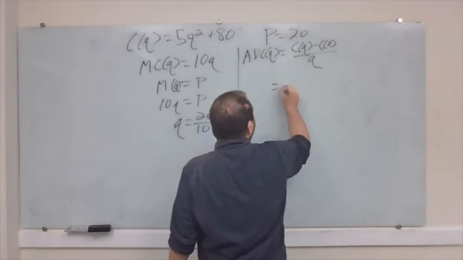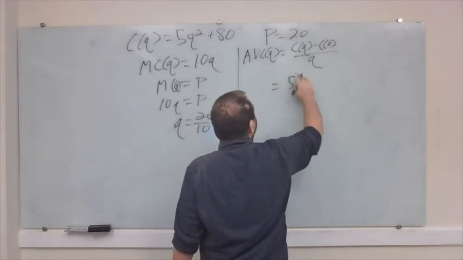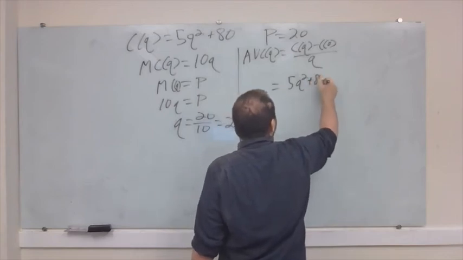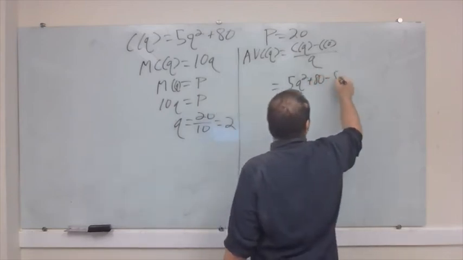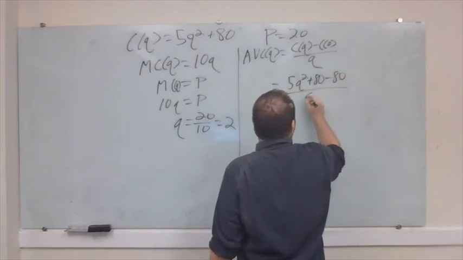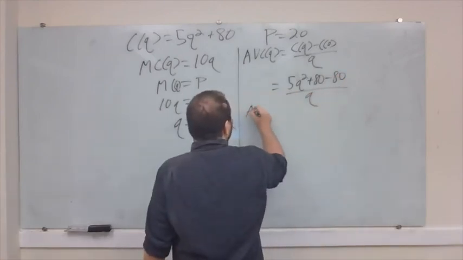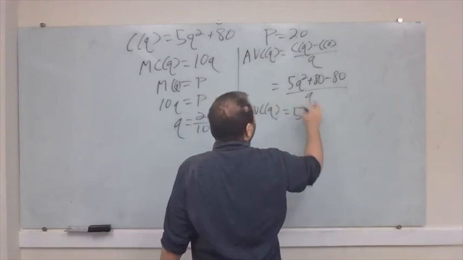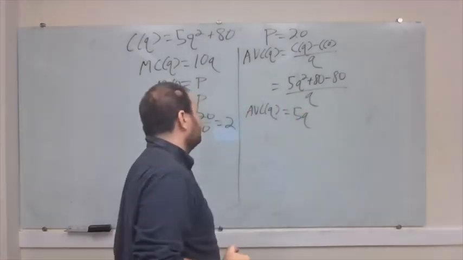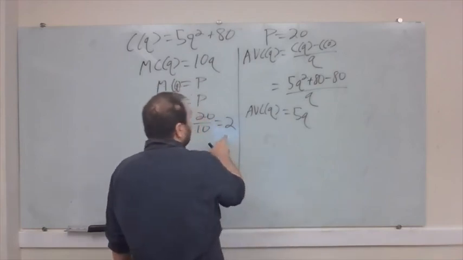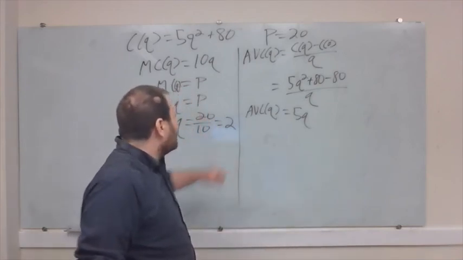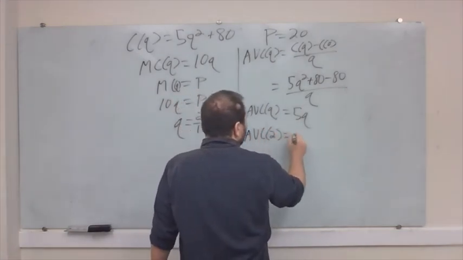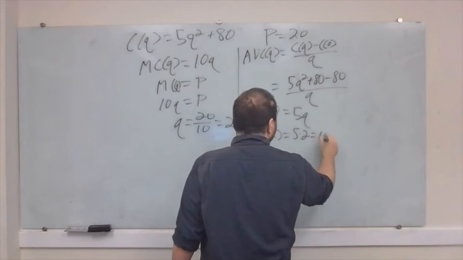So this is going to be 5Q squared plus 80 minus C of 0, which is just 80, divided by Q. So we'll say AVC of Q is just going to equal 5Q squared over Q, which is 5Q. So now, to calculate our producer surplus at our optimal output, we'll say AVC of 2 equals 5 times 2 is 10.